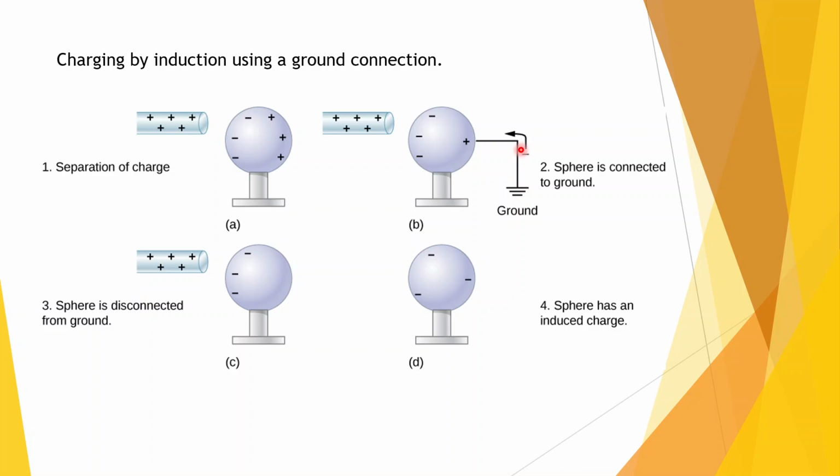We will then connect the sphere to a ground, and we'll talk a bit more about that later on, but we ground the sphere, and we will then have some negative charges being attracted from the ground to this sphere, okay? And after some time, the ground is removed, and we still are left with these negative charges on the sphere. And so now our sphere has an induced charge, and it is a negative charge.